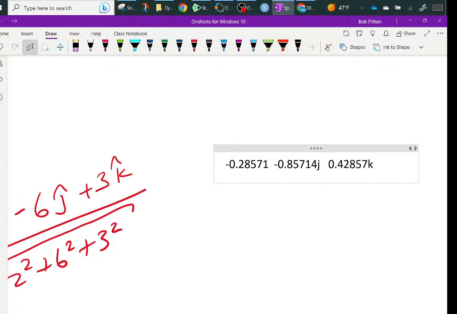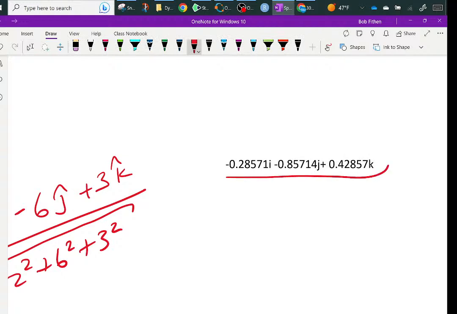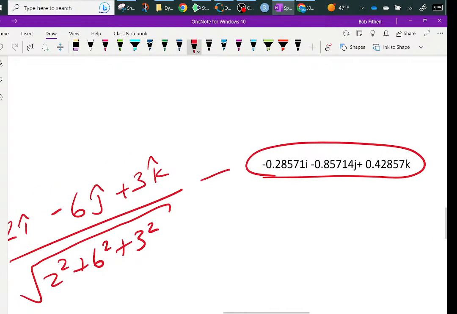This will be J plus that. This will be I. So that is the vector right there. That is this vector.